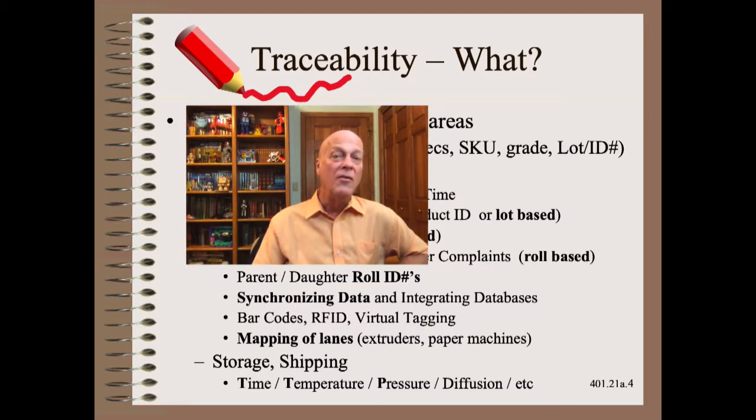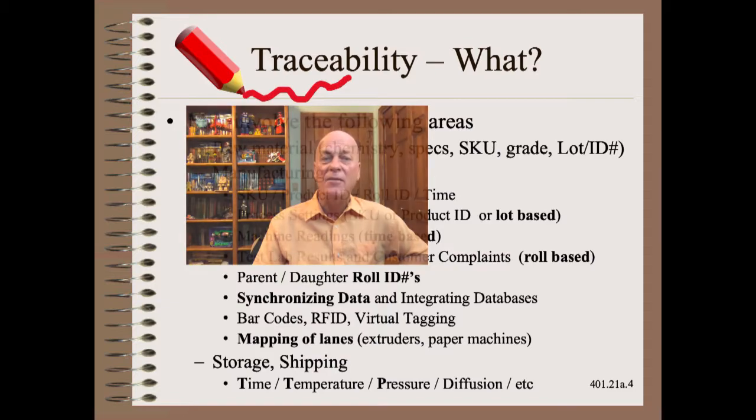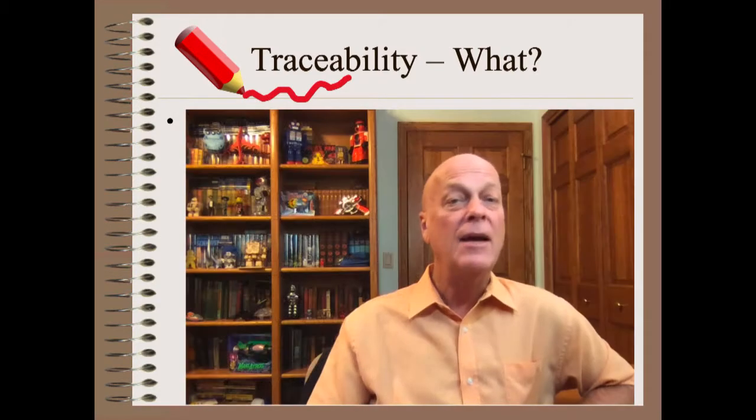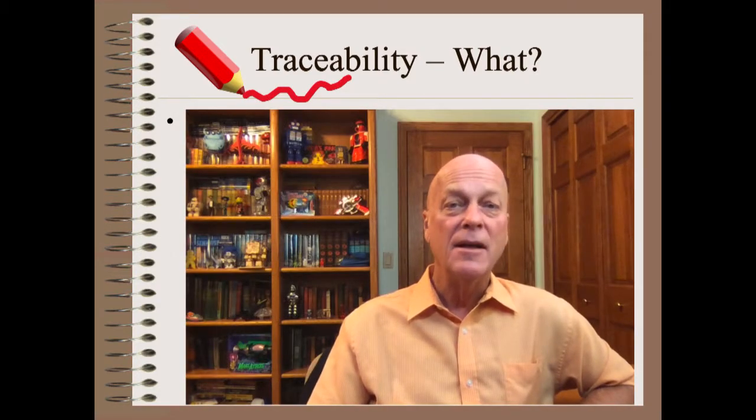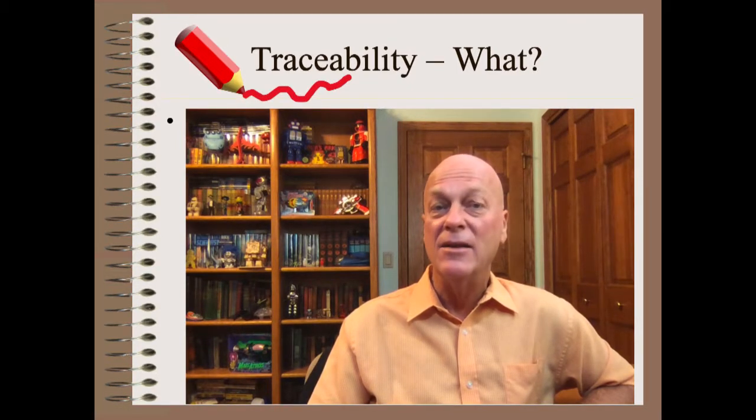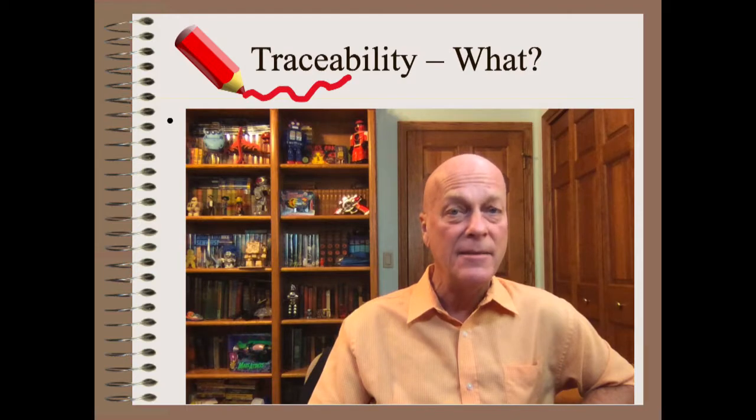Then we will move on to mapping of lanes within a daughter or parent roll that is super important for troubleshooting. Finally, we will briefly discuss storage and shipping environments as they relate to TTP problems and diffusion. That will keep us busy. But don't worry, each mini subject will be taken in small bite-sized pieces.